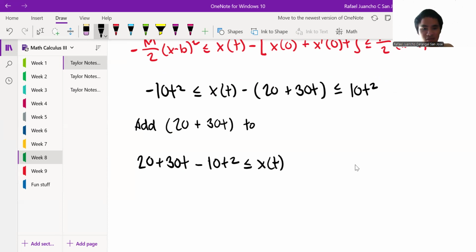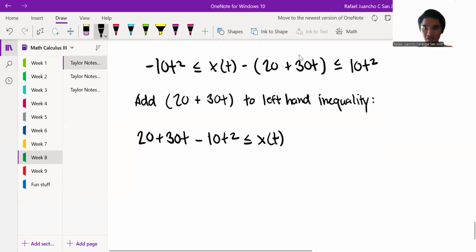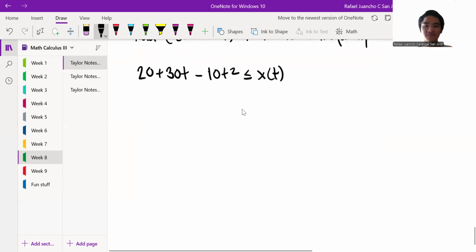We're adding it to the left-hand inequality. No, shoot. What did I do? That's what we get. Because if we add it to here, that's going to be 0. We add it to here, that's this thing. Oh, so to guarantee, oh, so that's what we're trying to find.